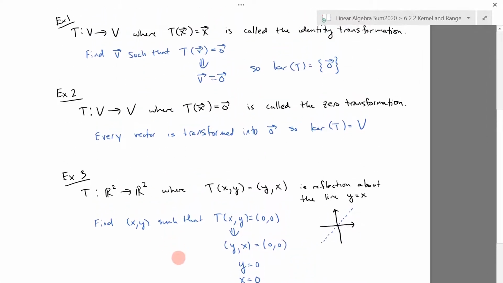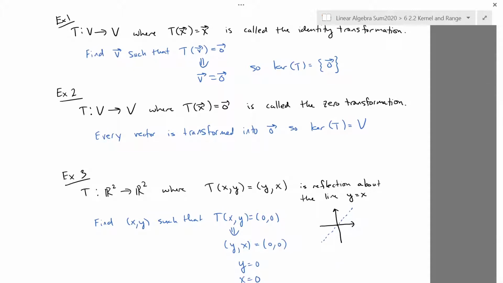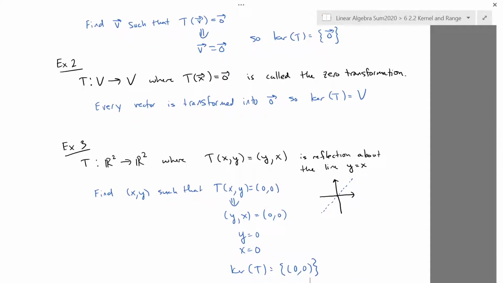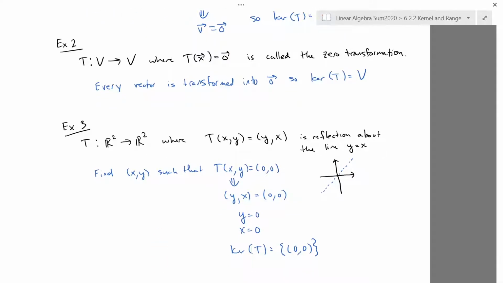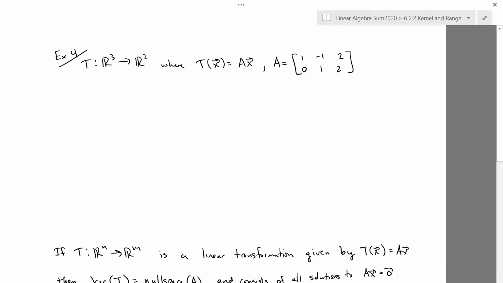Okay, so the examples on this page are fairly straightforward in trying to determine the kernel, but what happens in a more general case? In this example, we look at a linear transformation that's given by a matrix A. So this matrix A here, and we want to find the kernel in this type of problem.